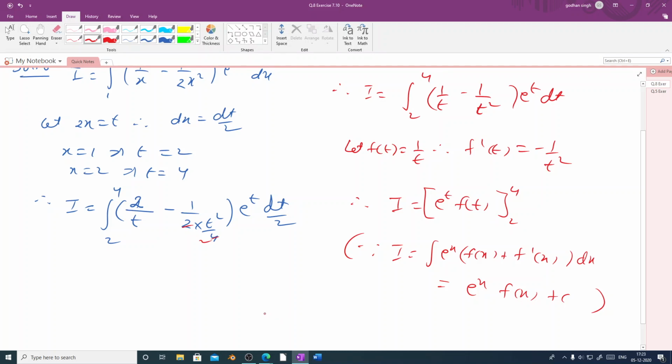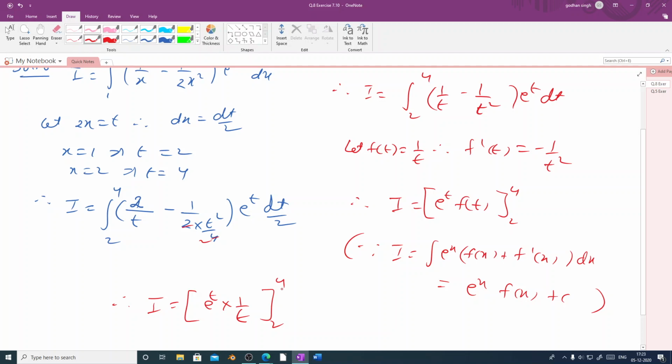So therefore we can say that I is equal to e raised to t. Now what is our f(t)? Our f(t) is 1 by t. So 1 by t, and the limits are from 2 to 4.